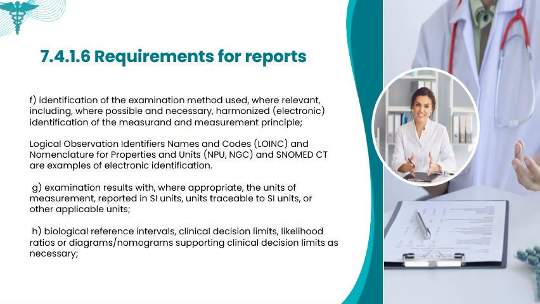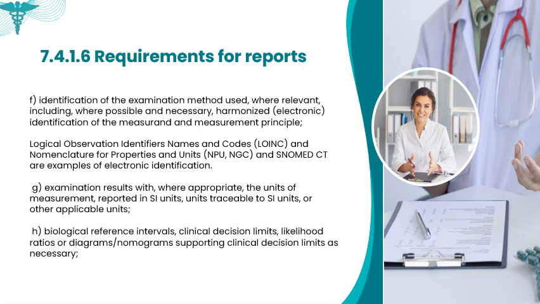Identification of the examination method used, where relevant. This shall include, where possible and necessary, harmonized electronic identification of the measurand and the measurement principle. Note: logical observation identifiers names and codes, LOINC, nomenclature for properties and units, NPU, and SNOMED CT are examples of electronic identification systems.